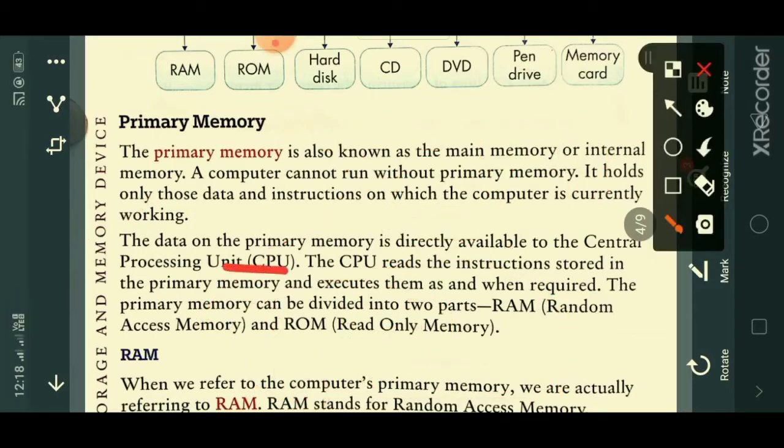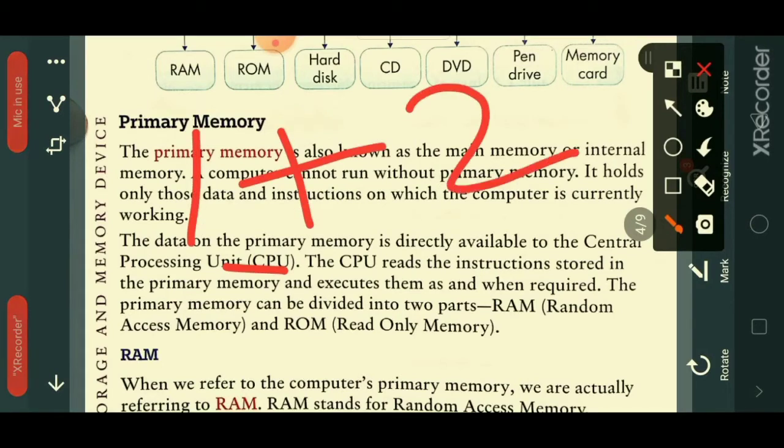CPU reads the instructions stored in the primary memory and executes them as and when required. So your CPU reads your data and instruction and it processes. After processing, it executes. It gives the results when required.